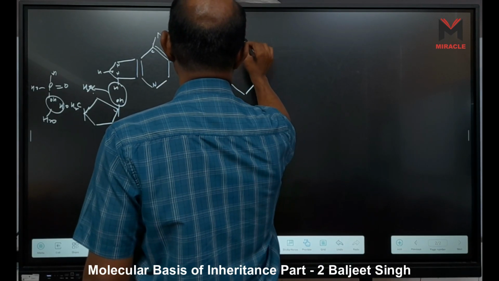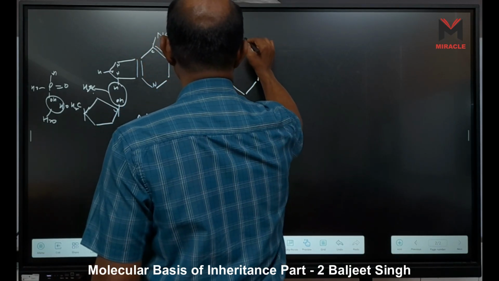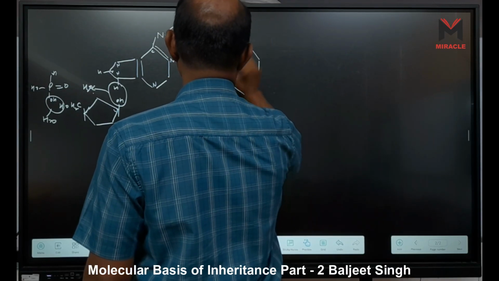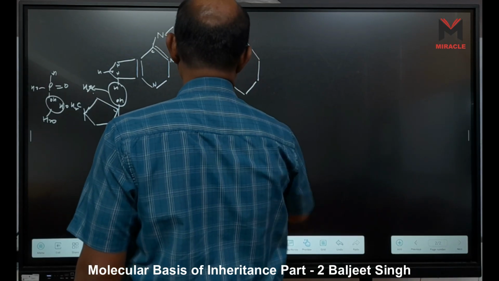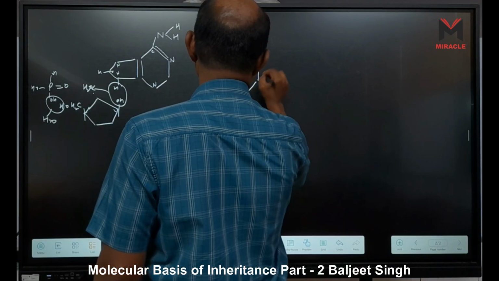So that side C contains a double bond O, right? This side it is N. So 1, 2, 3, 4 completed, this N contains H, right? This side is double bond O. This side N, right?